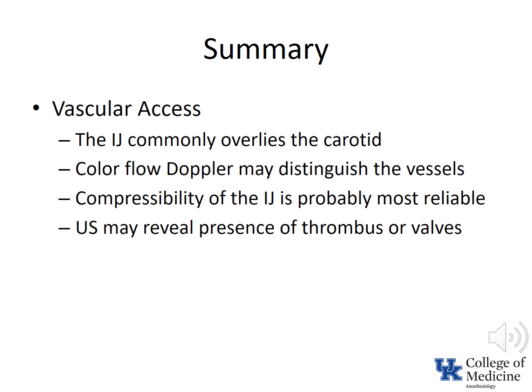The most reliable method of identifying the IJ is determined compressibility. Gentle pressure with the ultrasound probe should result in compression of the vein, but not the artery. Excessive pressure may result in compression of both. Finally, ultrasound may identify the presence of a thrombus or valves in the vessels.